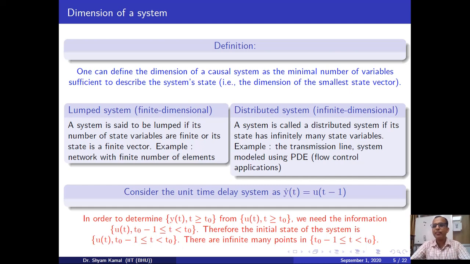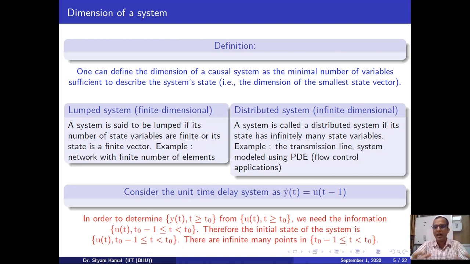In a finite dimensional system, we observed that we need just one unique number, but here I need several numbers, the values between t0 minus 1 and t0. So infinitely many pieces of information are required, and for that reason it is a class of infinite dimensional system. In this course, most of the time I am going to focus on finite dimensional systems.